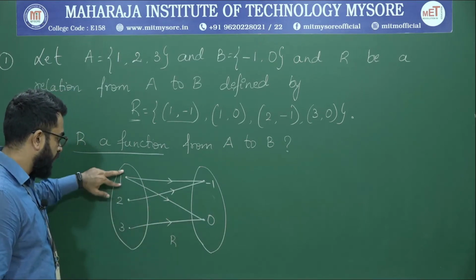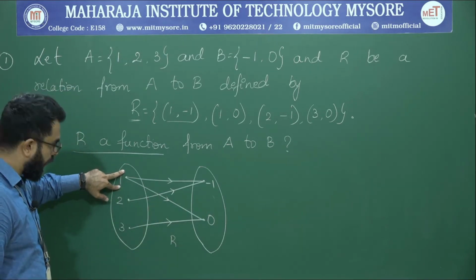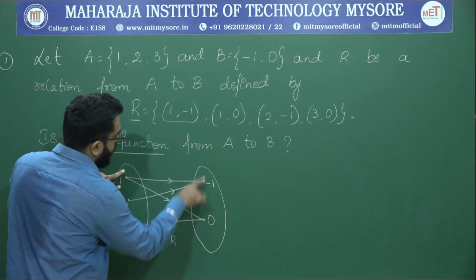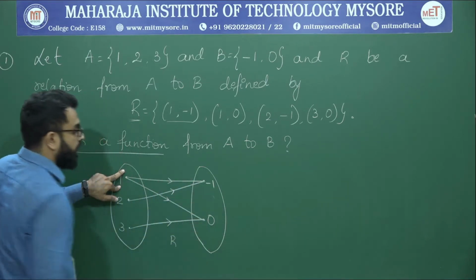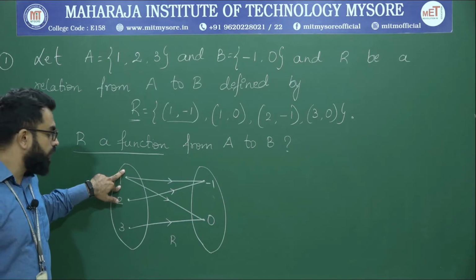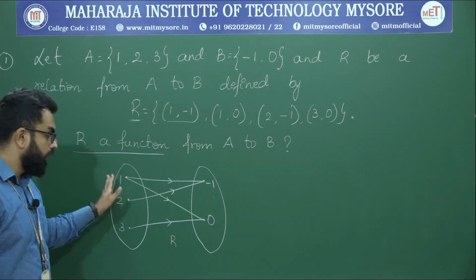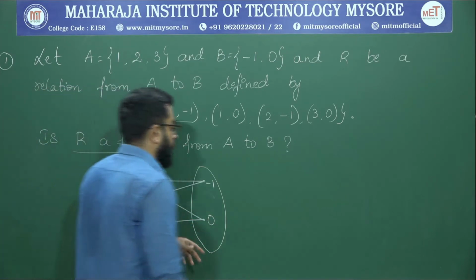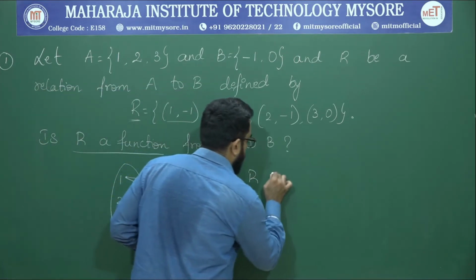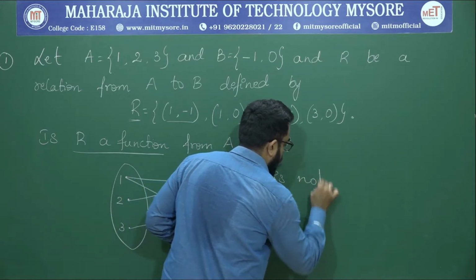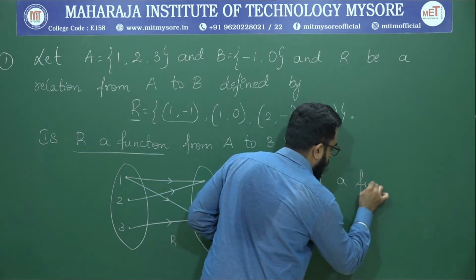That is also fine. But the element 1 of set A has two different mappings, -1 and 0, which violates the definition of a function. So by violating that, R cannot be a function. R is not a function.